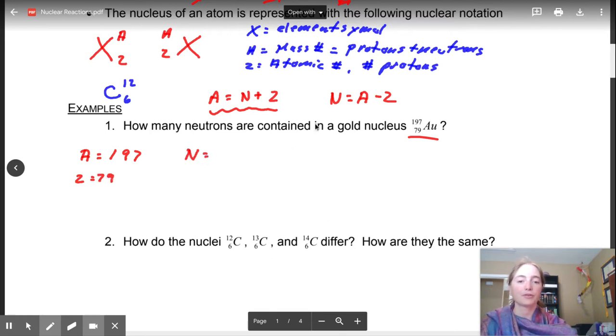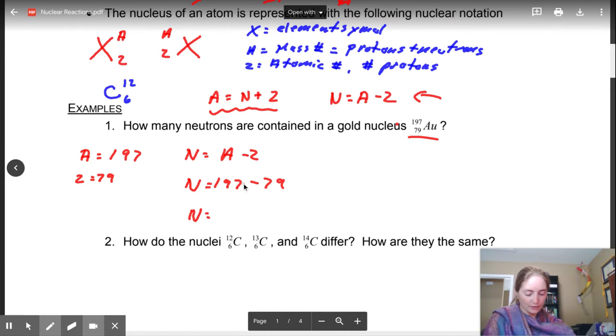And the number of neutrons, as we rearranged right there, is equal to A minus Z. So 197 minus 79 is going to give you the lovely value of 118 neutrons.